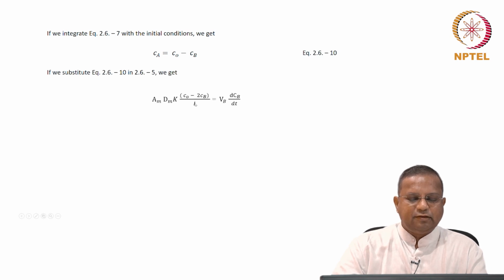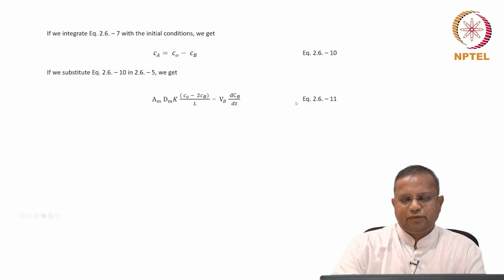Ca was C0 minus Cb, therefore, we substitute C0 minus Cb minus Cb, so C0 minus 2Cb. The rest are Am, Dm, K by L, and on the right hand side we have Vb dCb/dt. So, we have this in terms of the only variable Cb, and so you can solve it. For that, let us number this as 2.6-11.